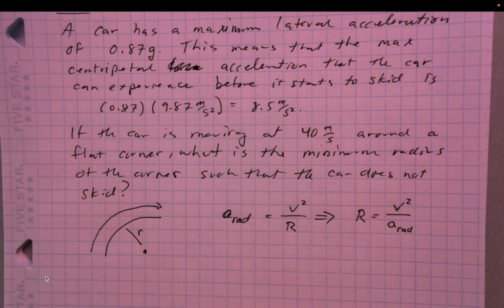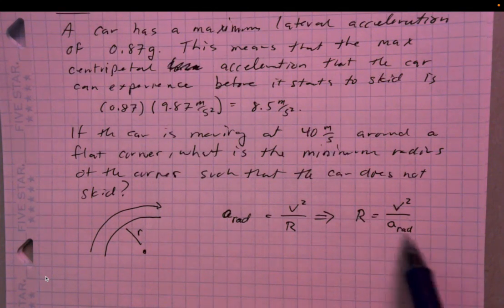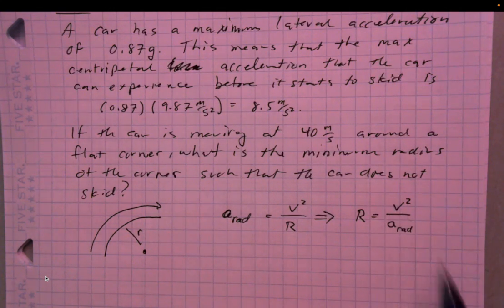Now this radial acceleration is just the lateral acceleration, right? That is just the centripetal acceleration. So we can plug in our maximum centripetal acceleration, and that should translate into a minimum radius. Obviously, if I put a larger number in here, I'm going to get a smaller r. If I put a smaller radial acceleration, I'm going to get a larger r, right? Because it's velocity divided by this.